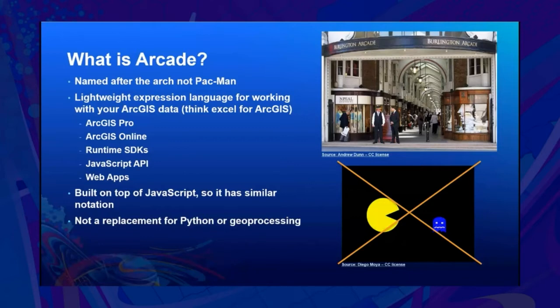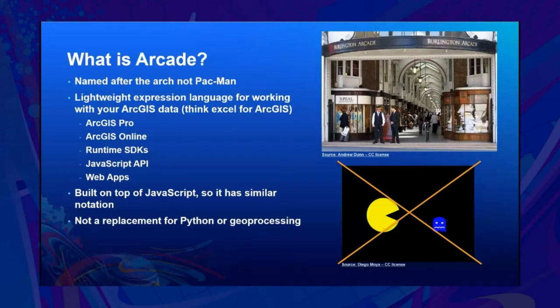And the idea here is that Arcade is portable across ArcGIS Pro, ArcGIS Online, the runtime SDKs, JavaScript, as well as the different web apps. And what I mean by portable is that you can write the expression and have it reliably run in all these different environments. So that compatibility is really important. There are some nuances you need to keep in mind when you're working with different versions of Pro, older versions of the runtime apps and Enterprise. As Arcade evolves and as we add new functionality, obviously those functions don't work in older versions.